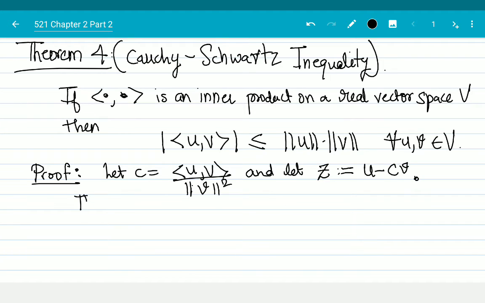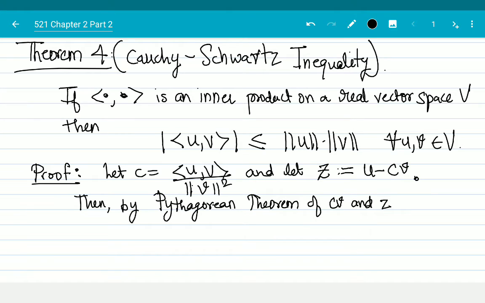Then by the Pythagorean theorem of CV and Z, we get that norm of U squared is equal to norm of CV plus Z squared, right?